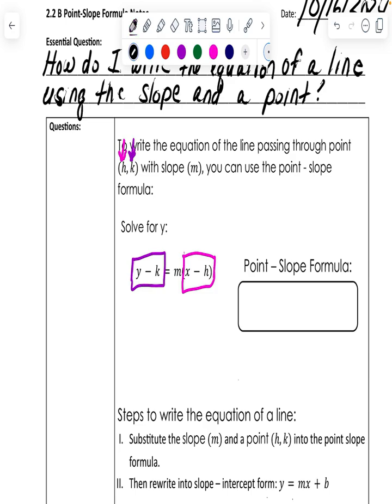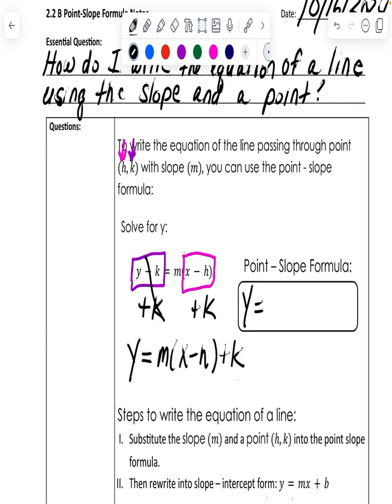And if we simplify our formula by moving the k to the other side, we get y equals m times x minus h plus k. Wonderful. So our point slope formula is y equals m times x minus h plus k.